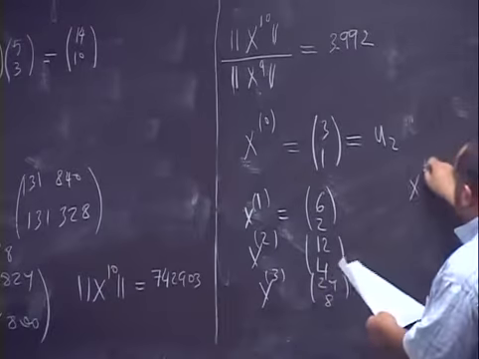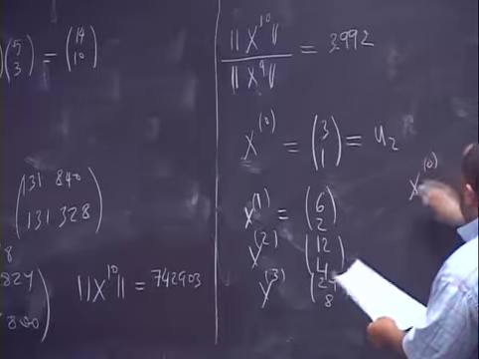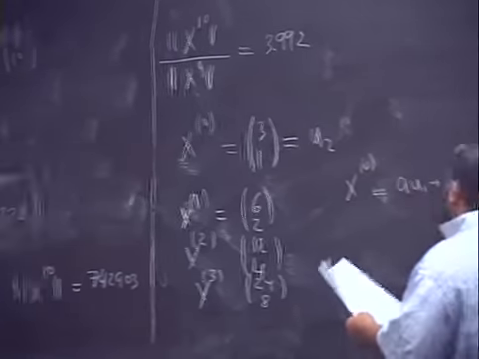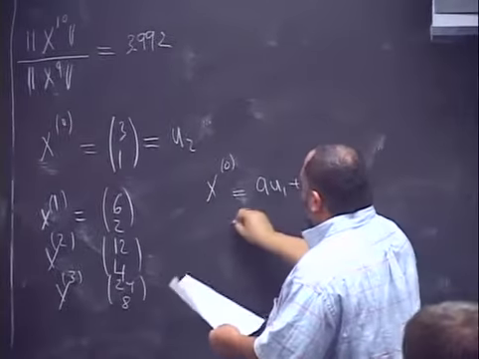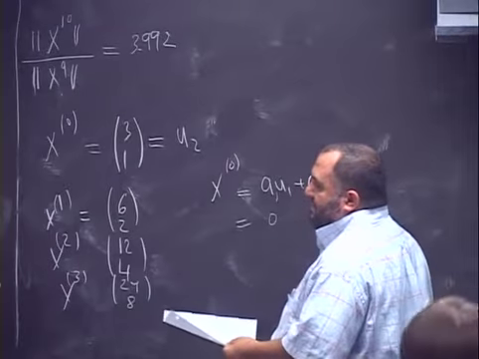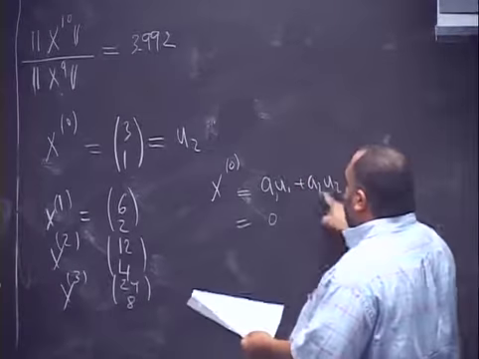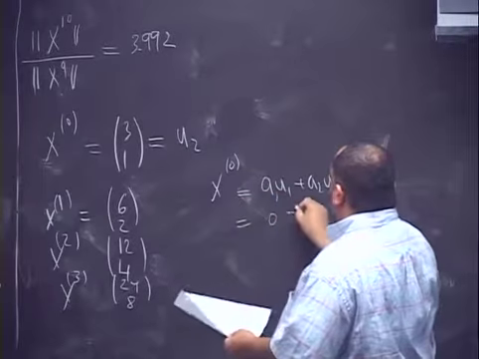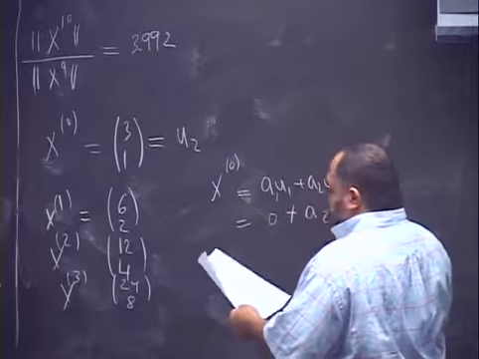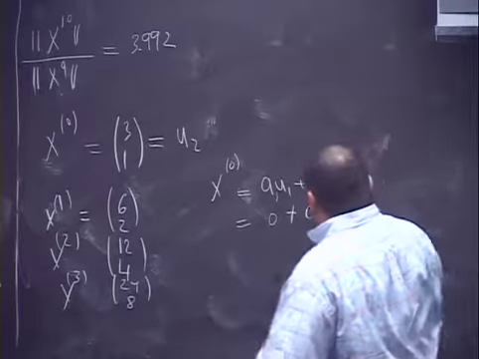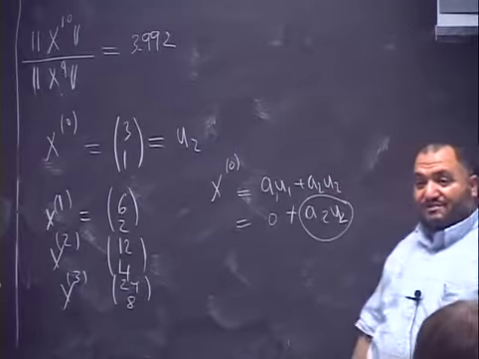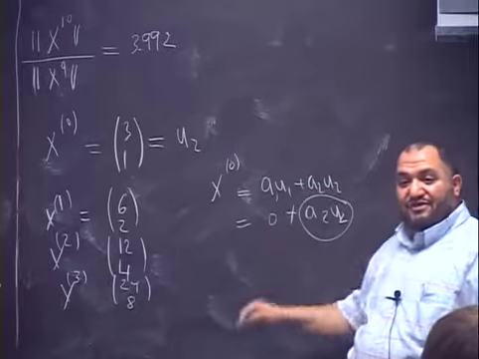So x0, if you write it in terms of the two eigenvectors, would be a1 u1 plus a2 u2. But a1 is equal to what? 0, because the first eigenvector is 1 and 1, and the second eigenvector is 3 and 1. So this will be 0 plus a2 multiplied by u2. So you only have one eigenvector, and you do not have the first eigenvector.